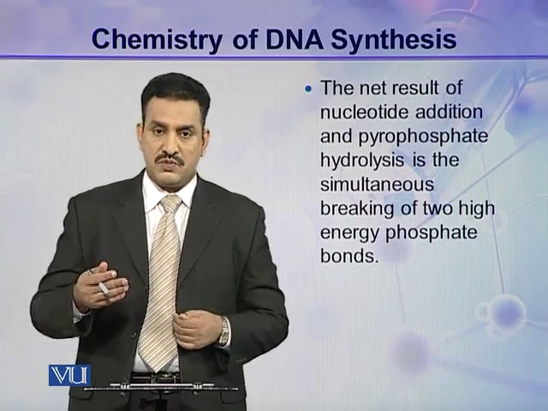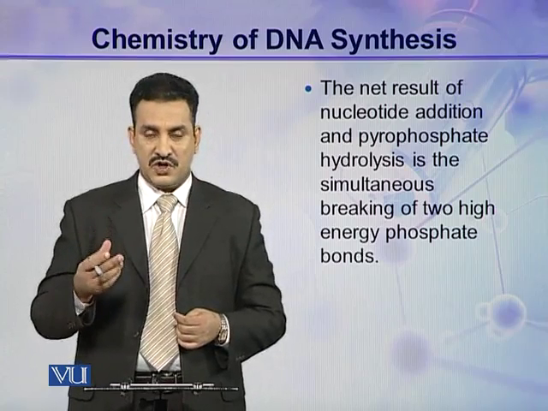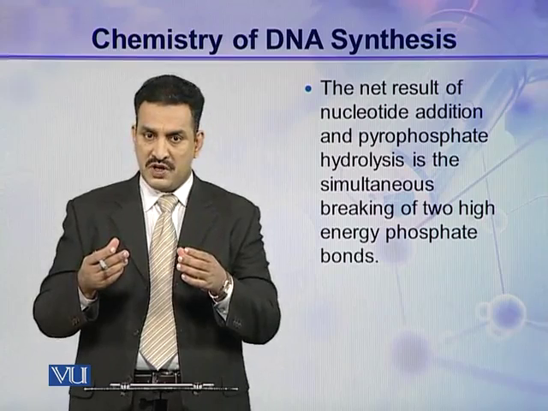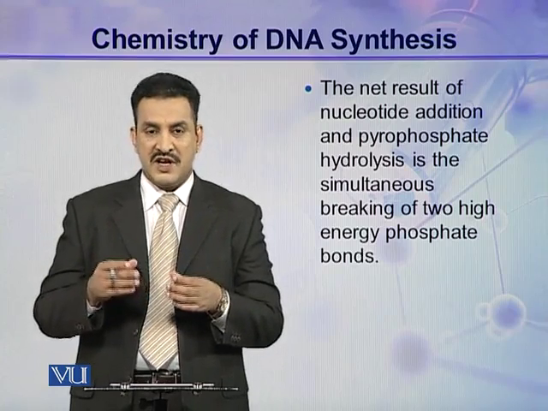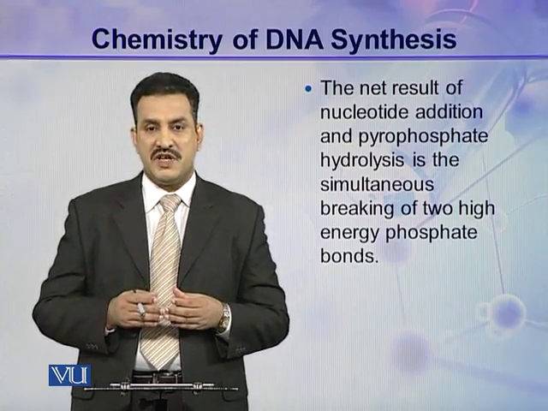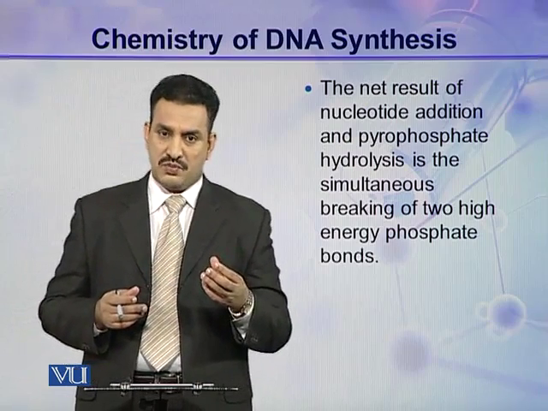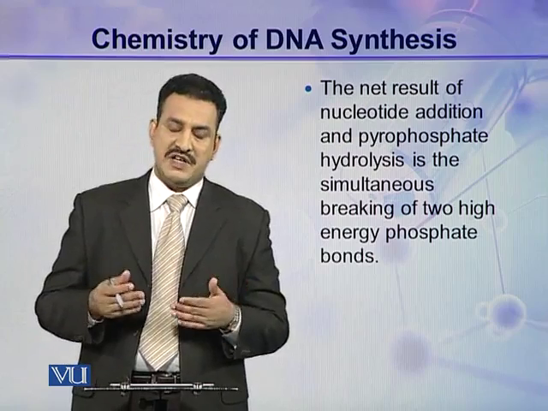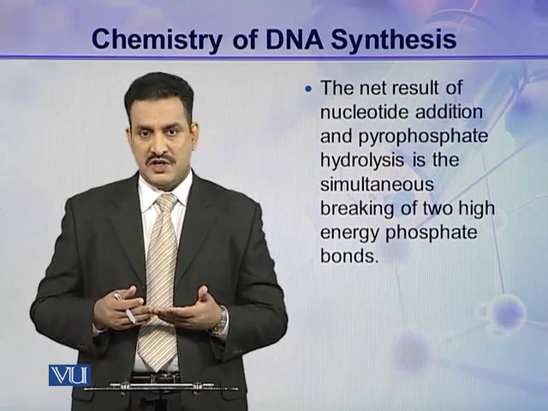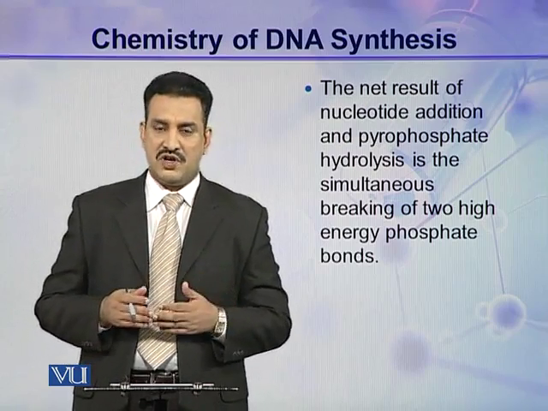One bond is present between the alpha phosphate group and the beta phosphate group. This bond is broken first, and the second bond, which is between the beta phosphate group and the gamma phosphate group, present in the pyrophosphate, is hydrolyzed again.